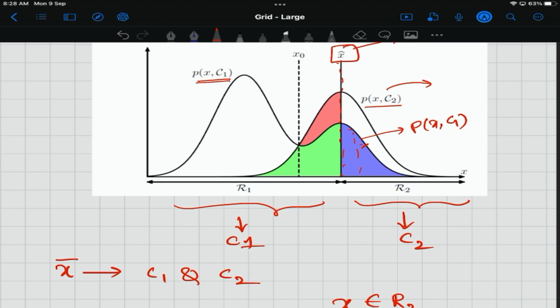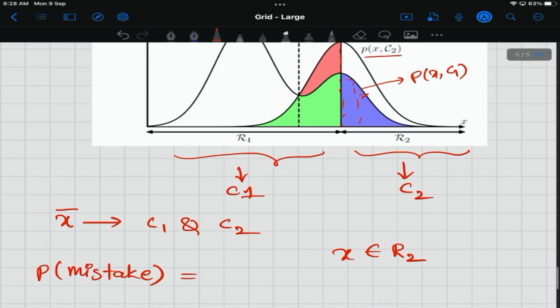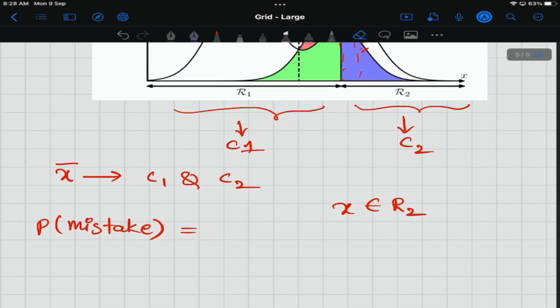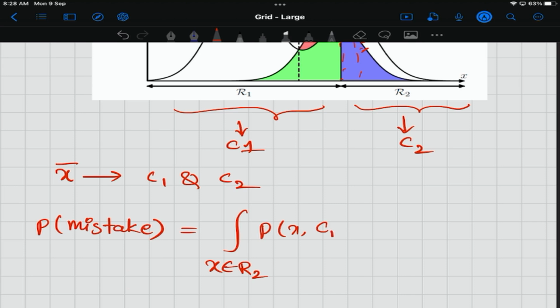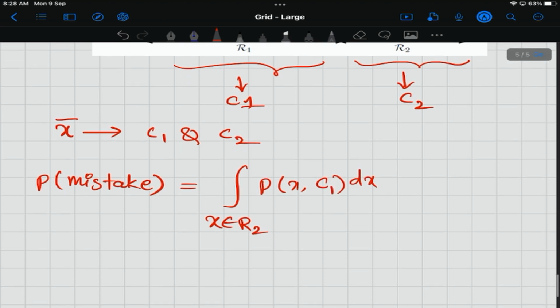Because of my x hat, I am predicting that the data point belongs to class 2, but it is coming from class 1. So my probability of mistake will be the integral over R2 of P of x comma C1 dx. Do you agree with this?